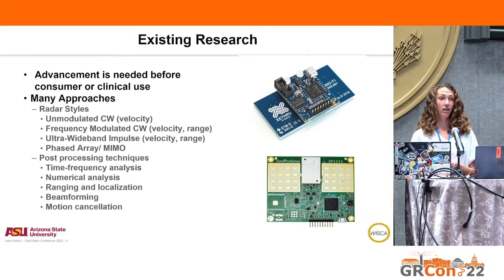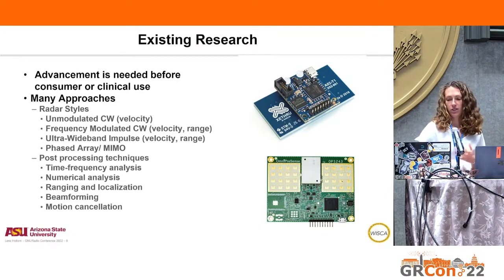And then there's also a lot of interesting research right now that's going on using phased arrays and MIMO configurations in order to monitor multiple subjects at one time. And then in combination with this, the post-processing techniques that you use to extract the heart and respiratory rate from the received signal vary a lot.